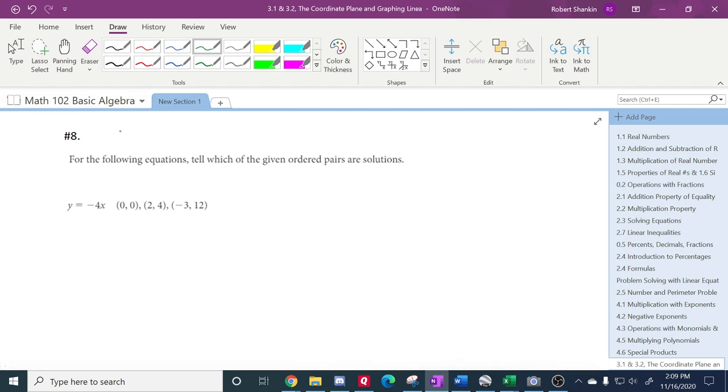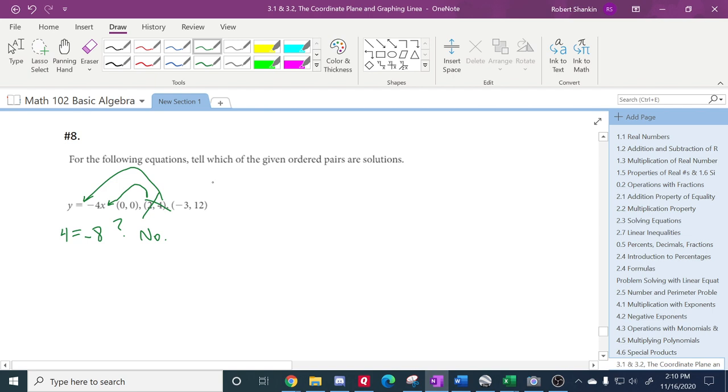If we plug in 2 for the x, you're going to get negative 8. And if you plug in 4 for the y, you're going to get 4. And does 4 equal negative 8? The answer is no. And if that's the case, then this is not a solution. But if you plug in 0 and 0 for your x and y, you're going to get 0 equals 0.